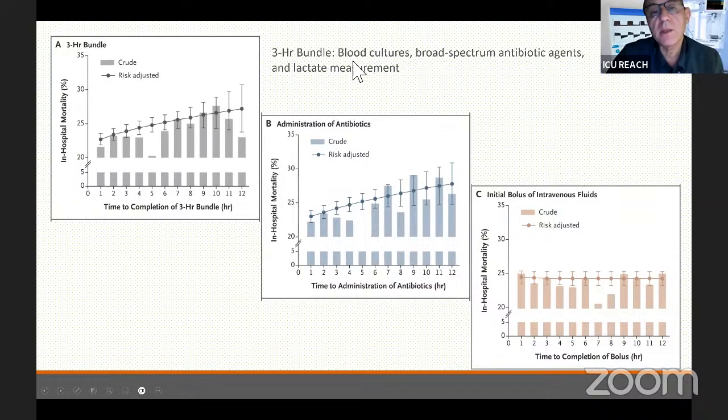And that 3-hour bundle included blood cultures, broad spectrum antibiotics, and lactate measurements. And it showed that a delay in achieving these 3 components would be associated with increased in-hospital mortality.